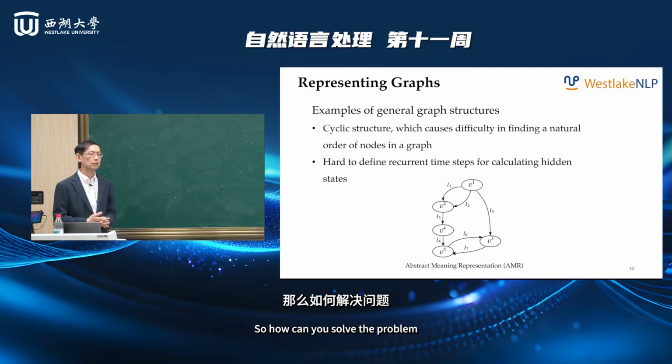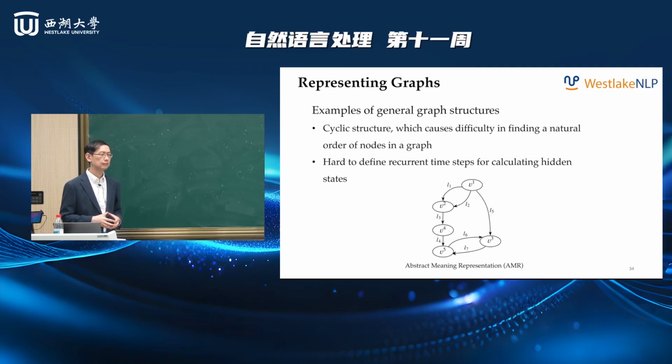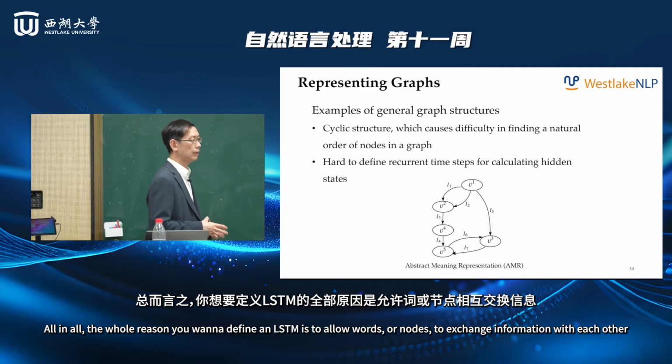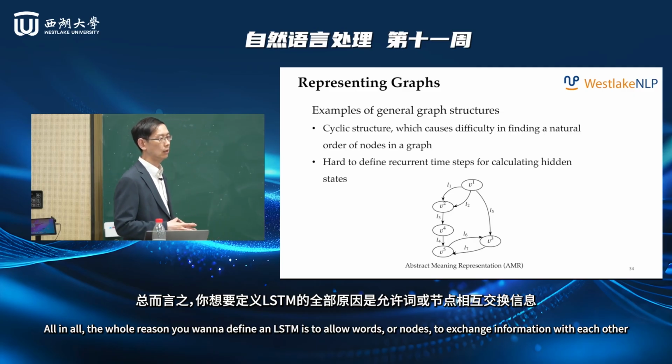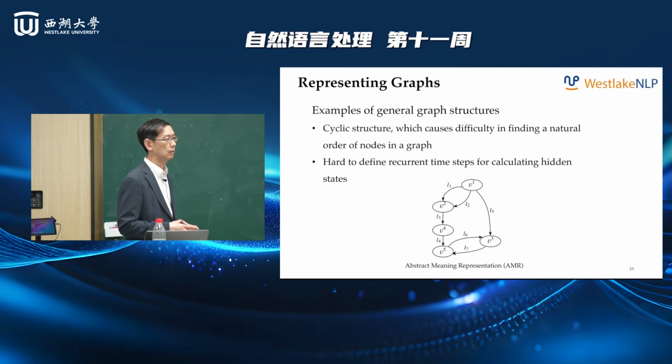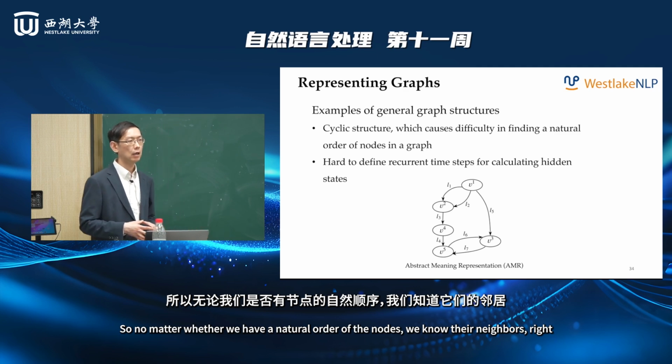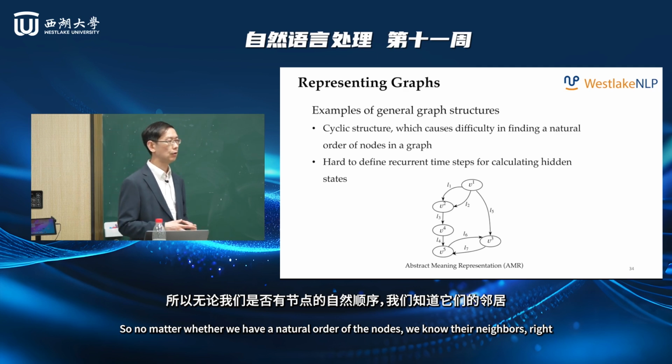All right, so how can we solve the problem? All in all, the whole reason we want to define an LSTM is to allow words, or nodes, to exchange information with each other, right? So no matter whether we have a natural order of the nodes, we know they are neighbors.